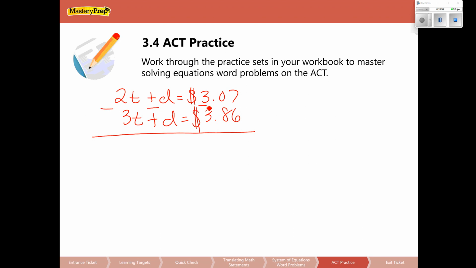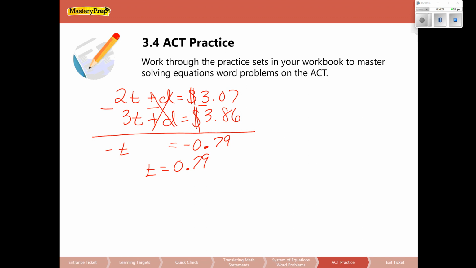And since they have the same sign, we could subtract. d minus d is 0. 2 minus 3 is -1, is equal to 3.07 minus 3.86, which is -0.79, which is telling us that the value of t is 0.79.